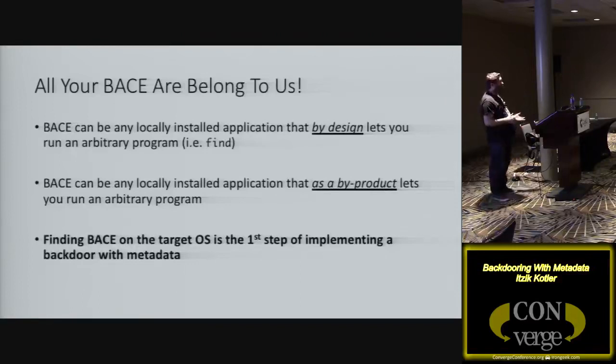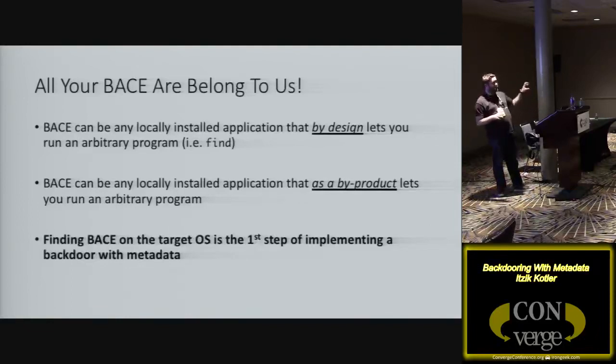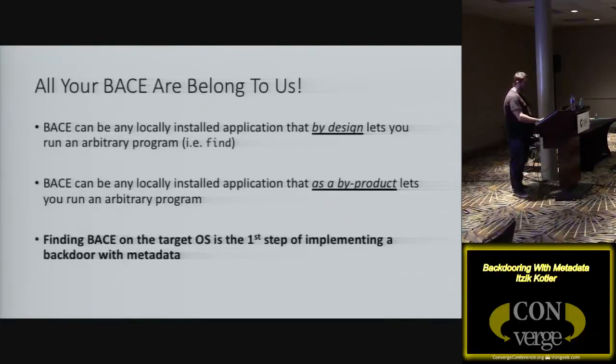And there are others, which are a byproduct of how they've been developed, or features that the original author put in the code, but that you can then abuse. One way or the other, the first step in backdooring with metadata is finding a base binary, one or more, on the target OS that you would then like to go ahead and backdoor.